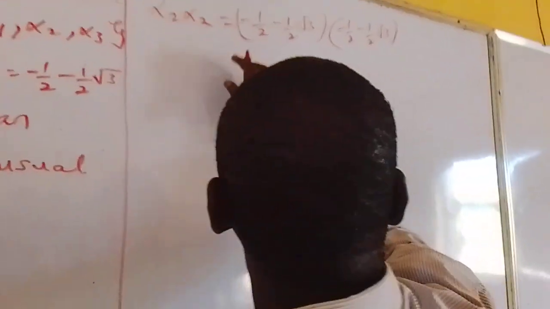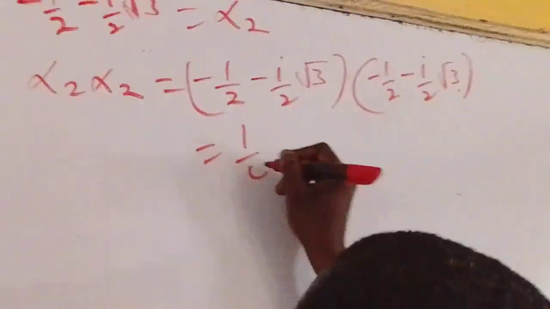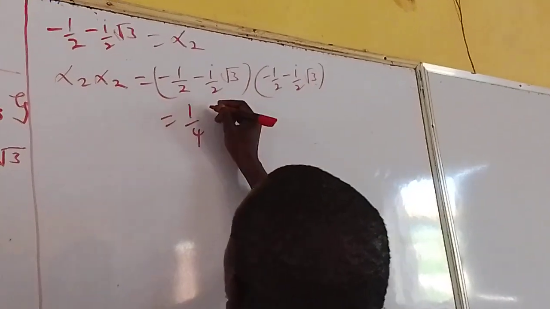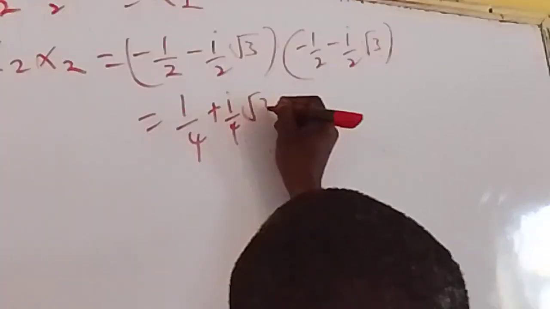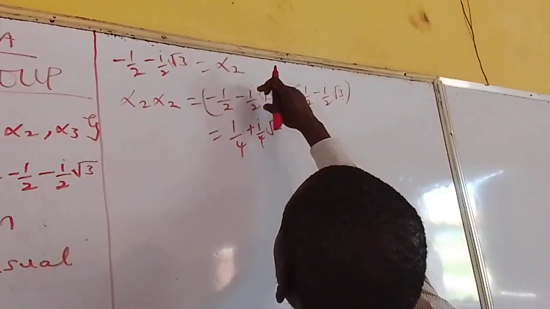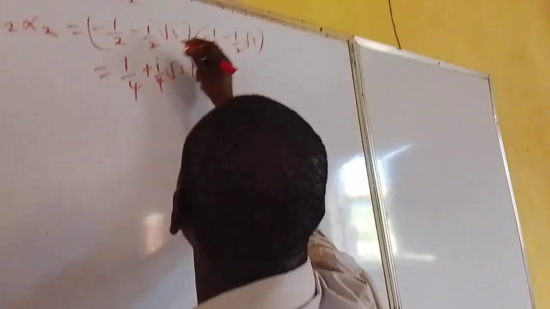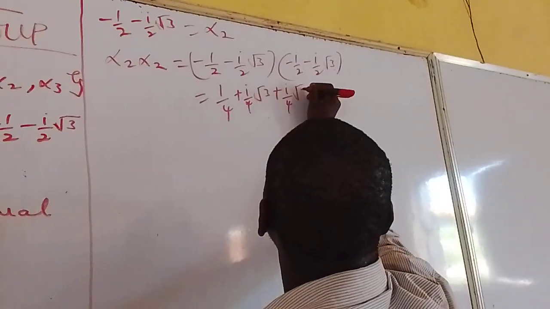So let's do the expansion. Minus half times minus half is 1 over 4. Minus half times this is equal to plus I over 4 root 3. Minus I over 2 root 3 multiplied by minus half is plus I over 4 root 3.